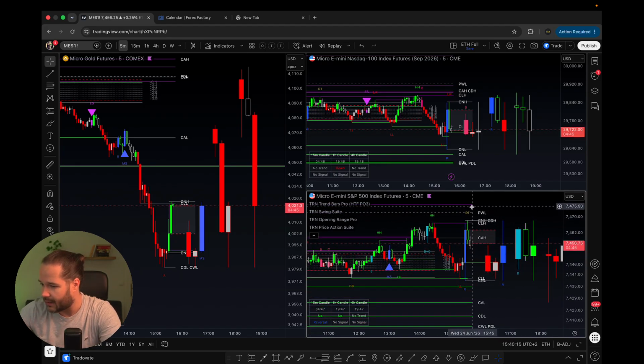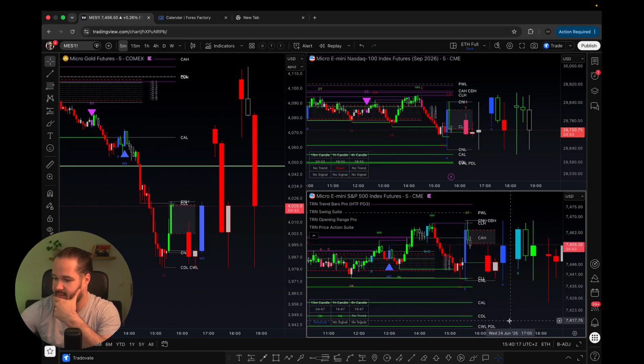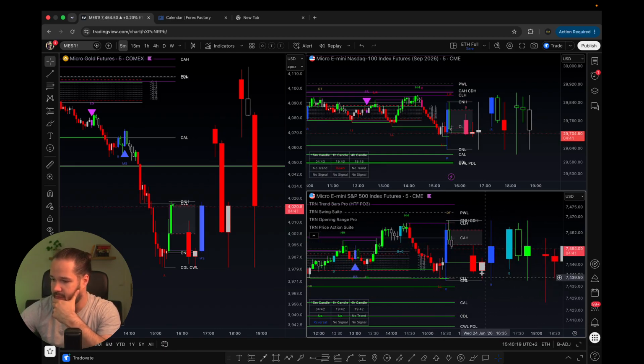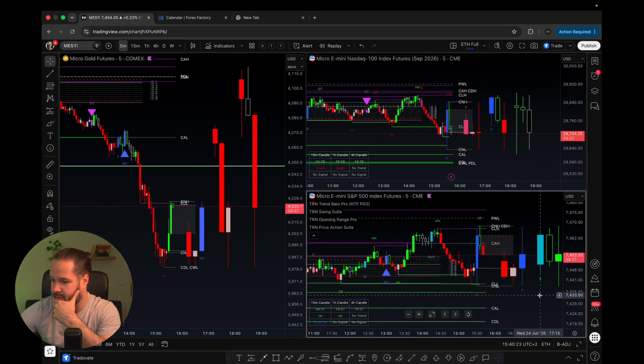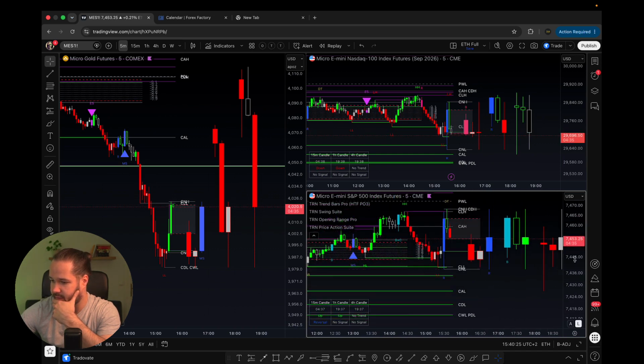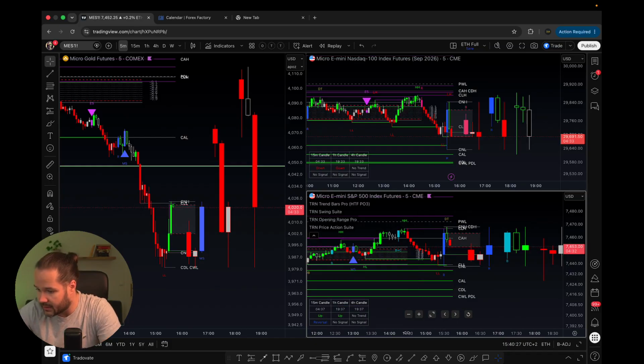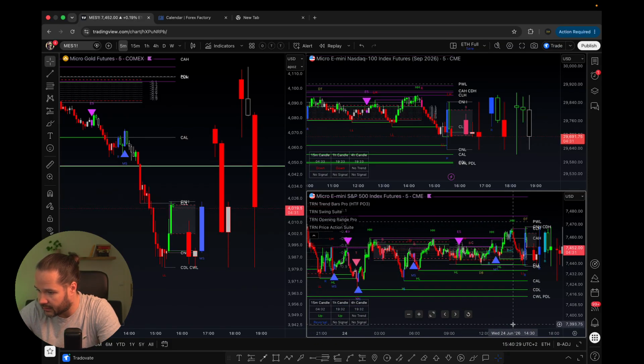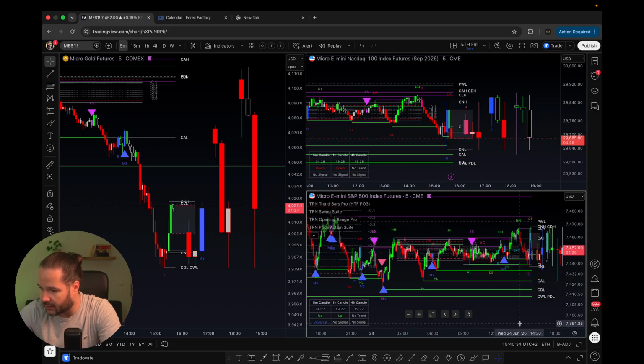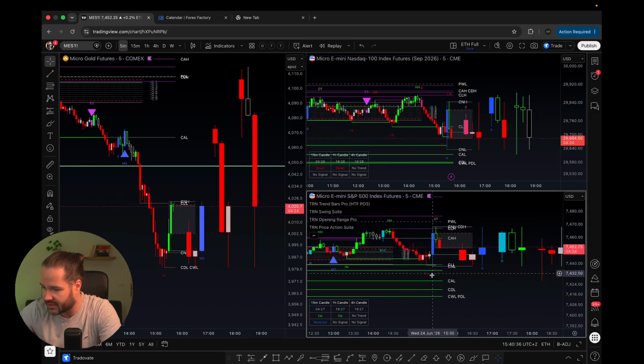And for now, I will look at ES very closely, because this is a signal, honestly. A lot of targets are clustered here below.